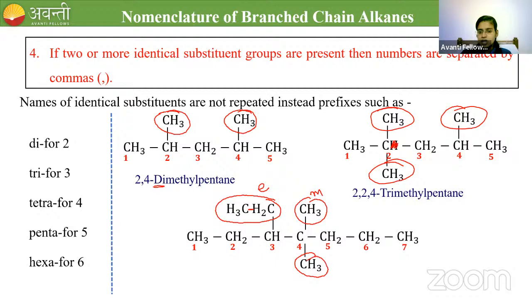And also we have one more methyl substituent on the fourth carbon. What is the name of this compound? 3-ethyl 4,4-dimethyl. Is it septane? Will you use sept for 7?